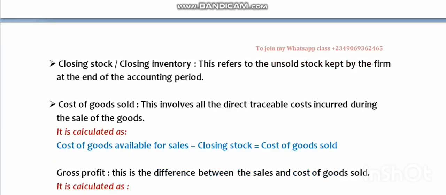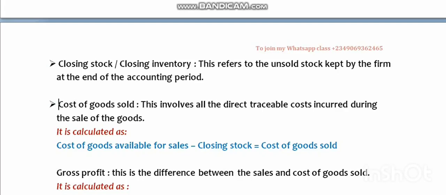Then we look at the cost of goods sold. The cost of goods sold involves all the direct traceable costs incurred during the sale of the goods. So we are talking about those costs associated with the sale of the goods. Those costs which are directly associated, I'm not talking about the ones which are not associated, I'm talking about the ones which are directly associated with the sale of the goods.